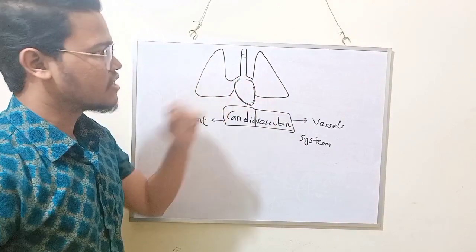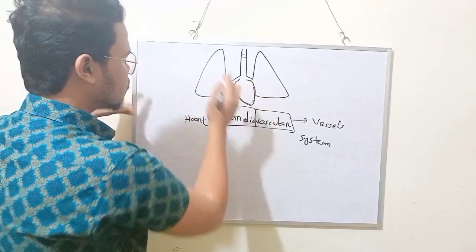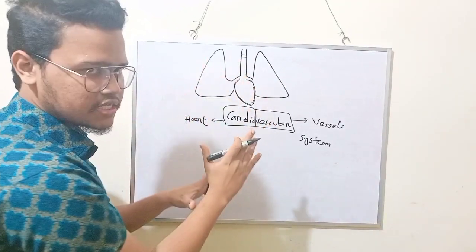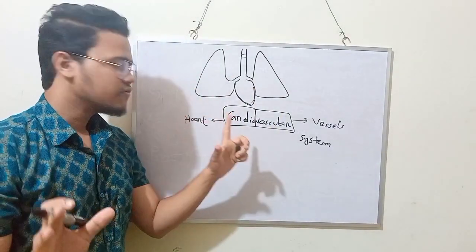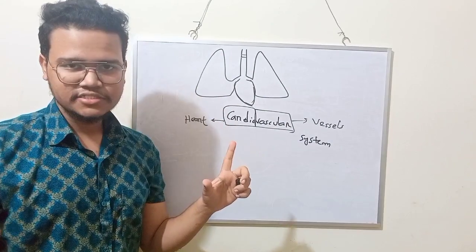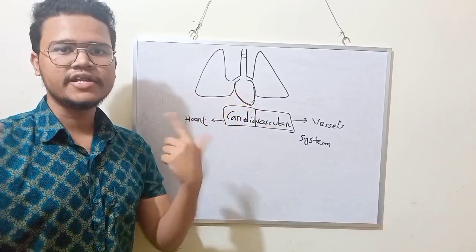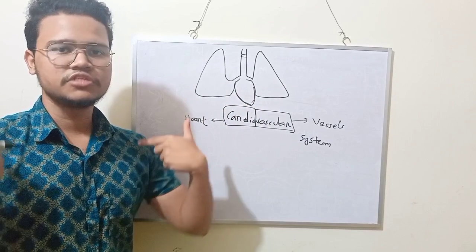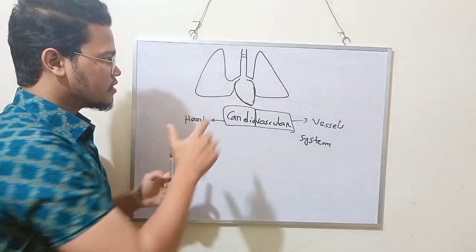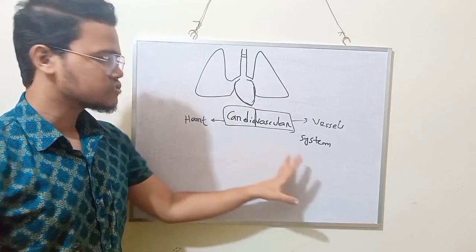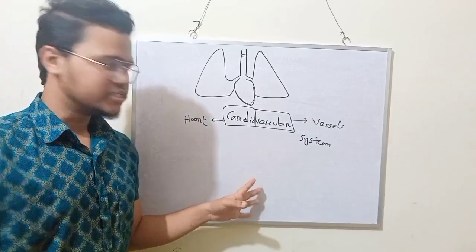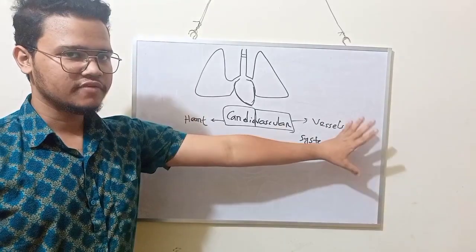This is the main concept of the main organs arranged in our chest cavity. I think now all of you can get a clear idea that the heart is present between the two lungs. So if we want clear concepts of the cardiovascular system, we have to deal with the heart and also the vascular system.